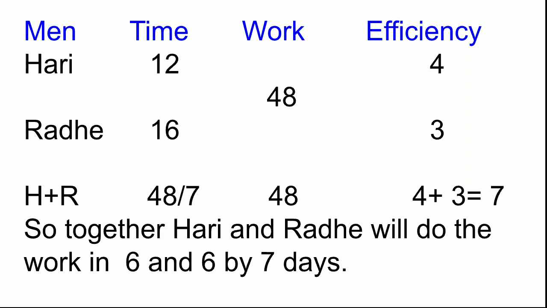Now we have to take LCM of the total time taken by Radhe and Hari. So that is 48. And 48 divided by 16 gives efficiency 3 for Radhe, and 48 divided by 12 gives efficiency 4 for Hari.